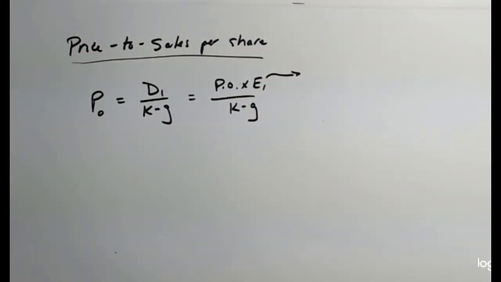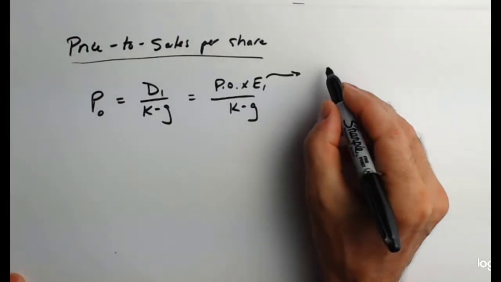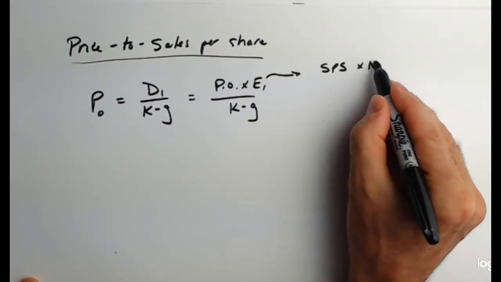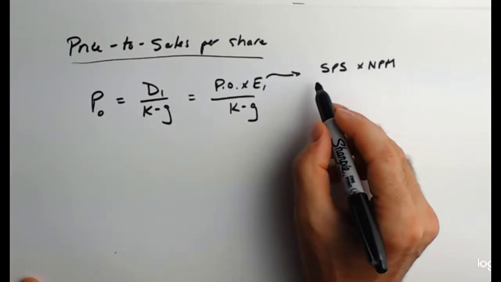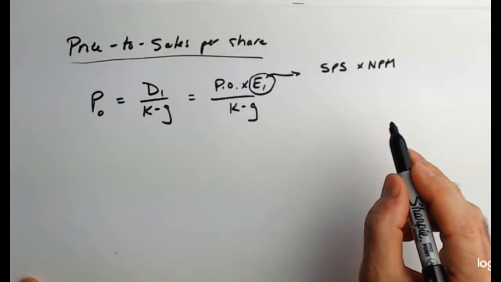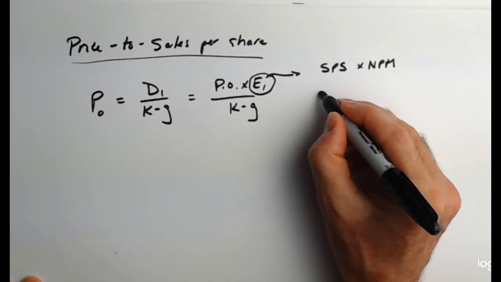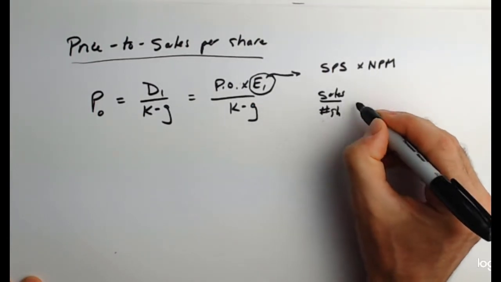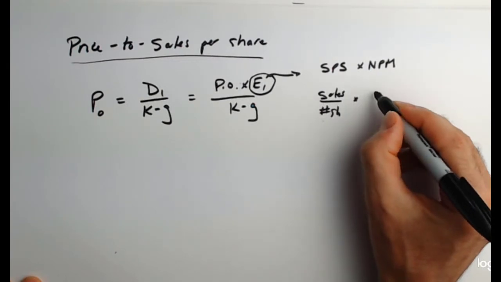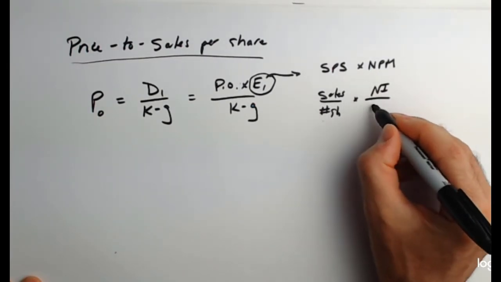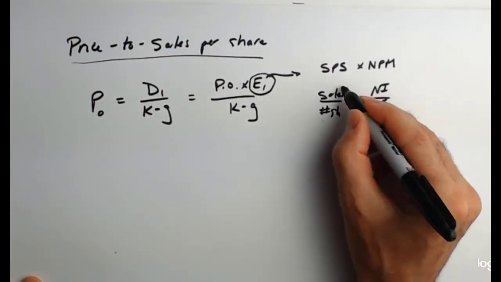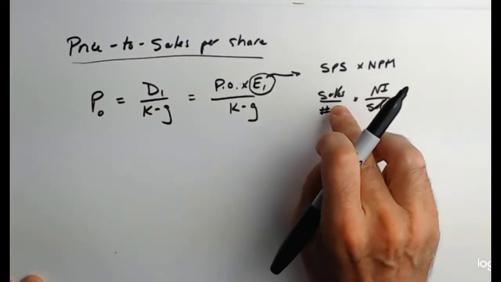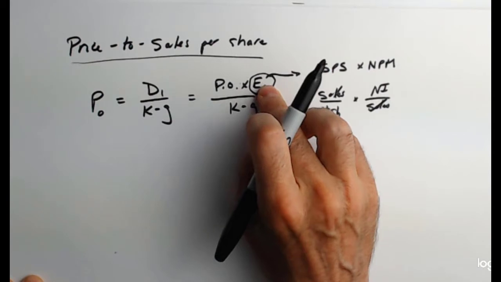We take sales per share times net profit margin, and we'll get earnings per share. So how do we know that? Well, you've got sales divided by number of shares outstanding times net income divided by sales. The sales cancel and you get net income to shares. Well, net income divided by shares is earnings per share.